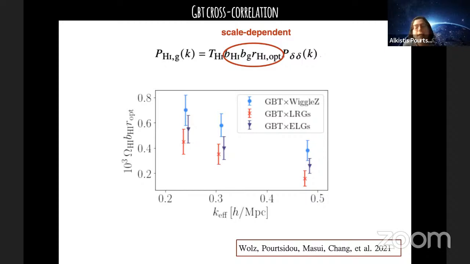We did take that into account in our paper as much as we could, in the sense that we saw different results for different K ranges. So we took 3 different K ranges and we assumed these things are constant in these different K ranges. And what we got is different constraints, which basically proves what we already knew, that these things are intrinsically scale dependent. So we really need better modeling, but fortunately, we do have better modeling.